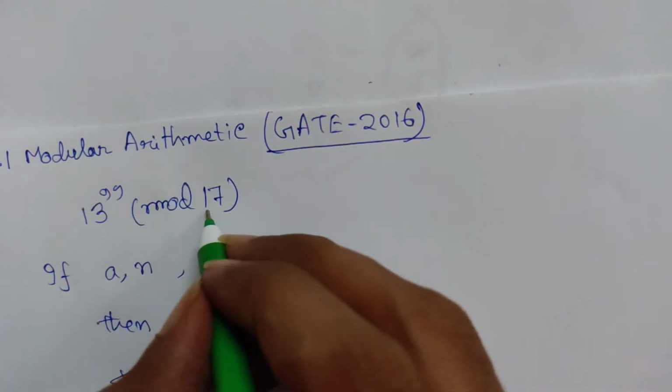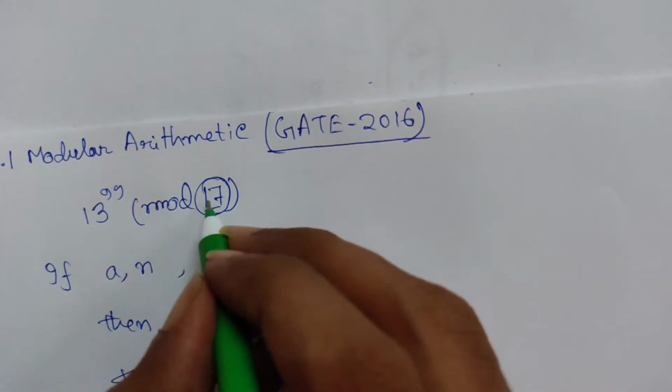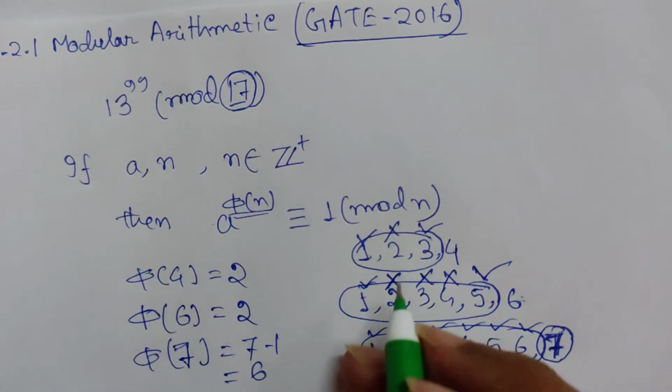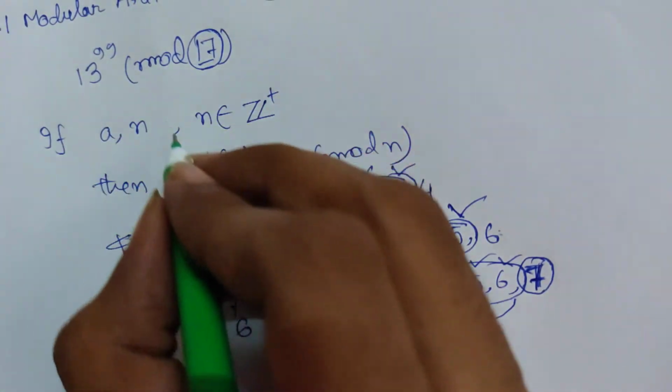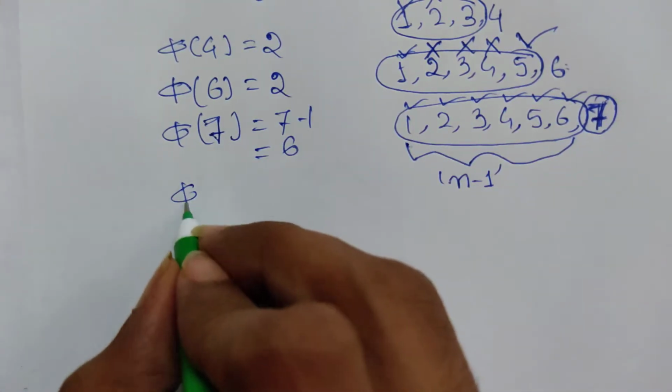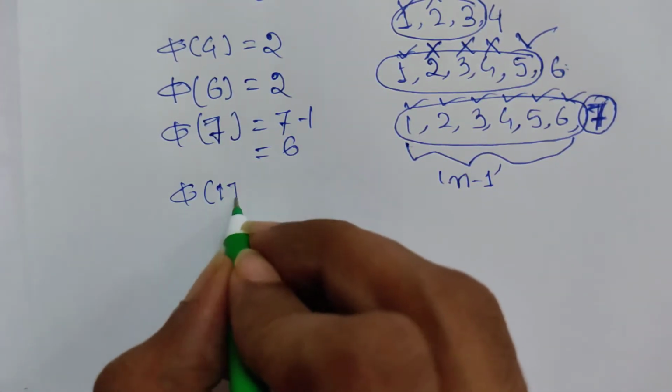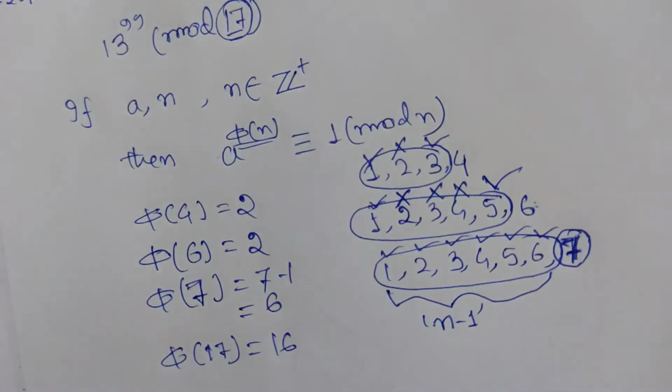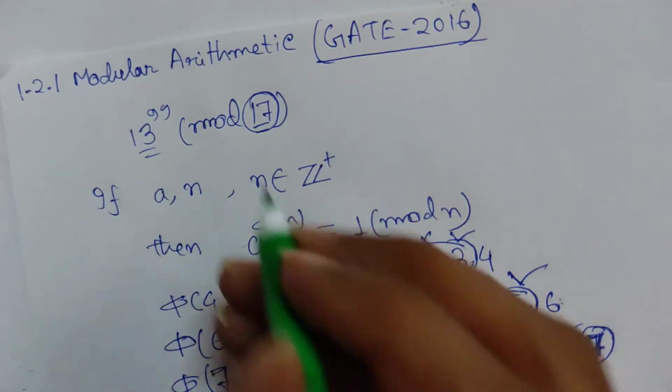Here we have n is 17, n is prime. So phi of n must be 16, and a is 13.